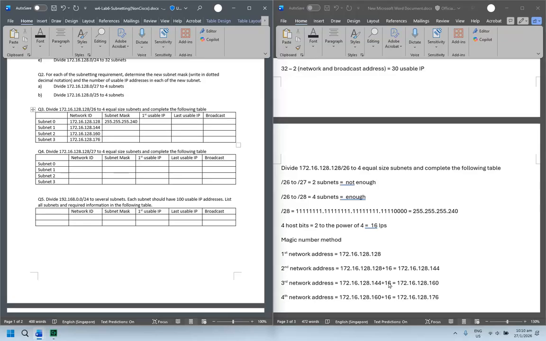Since we have the network address of every subnet, always know that it is the address that comes right after the broadcast address of the previous group.